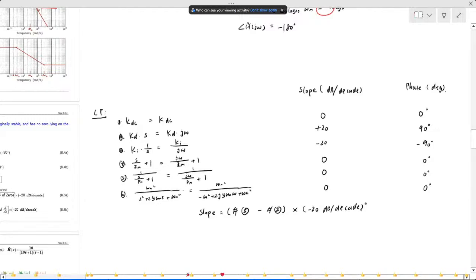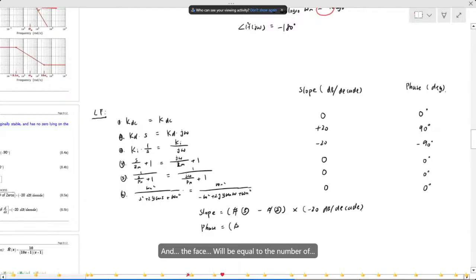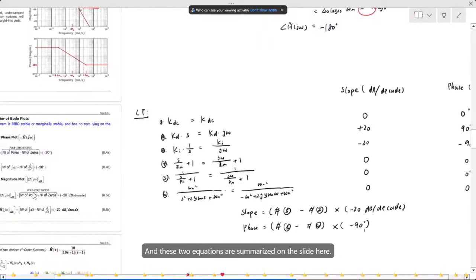And the phase will be equal to the number of integrators minus the number of differentiators multiplied by minus 90 degrees. And these two equations are summarized on the slide here.